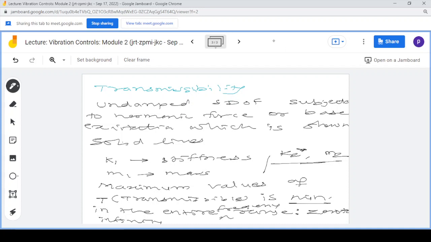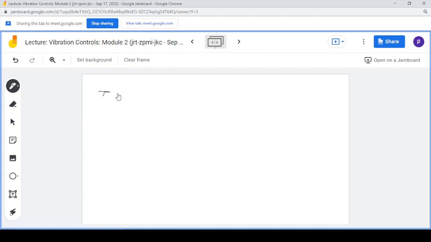So now we can have the equations. T is equal to Ft by F, that is for figure A, the case of force excitation, right? And T is equal to x1 bar by mod x.